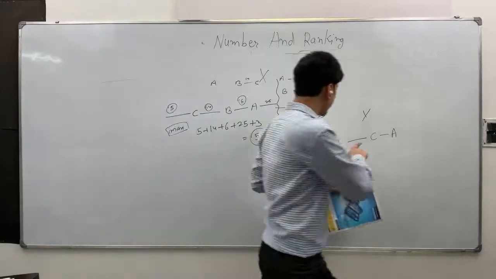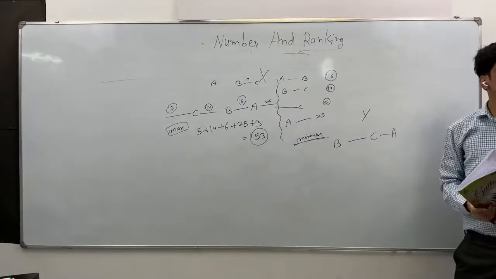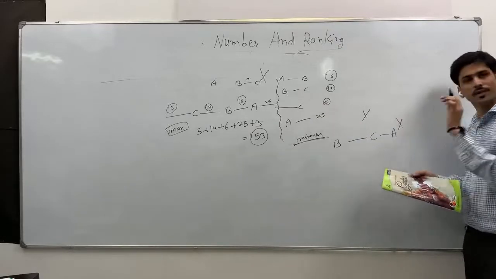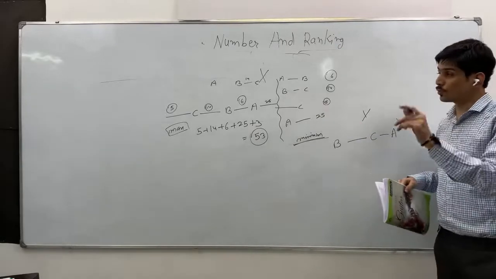C cannot come between A and B because before C only 5 students are there. So this case is rejected. Simple, right? Now we have only 2 possibilities.